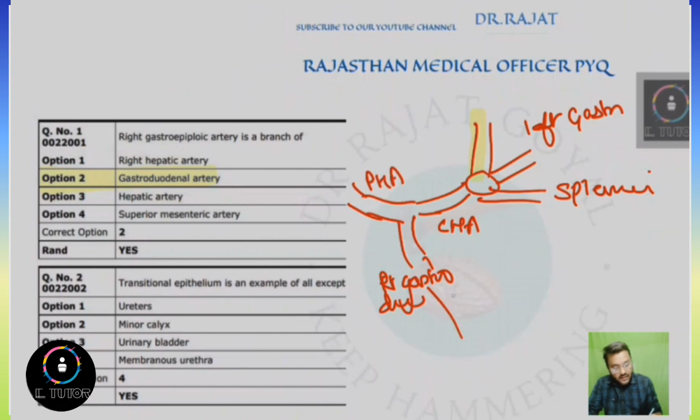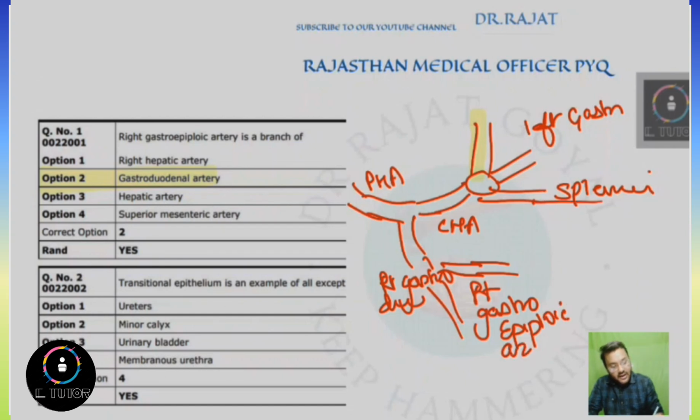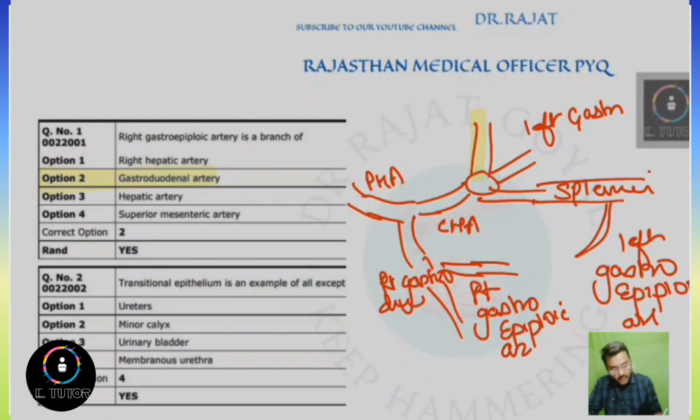This gastroduodenal artery gives a branch which is called right gastroepiploic artery, and splenic artery on the left side gives left gastroepiploic artery. So option number 2 will be the answer.